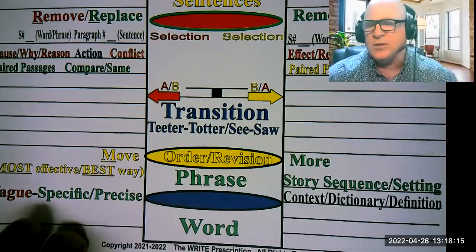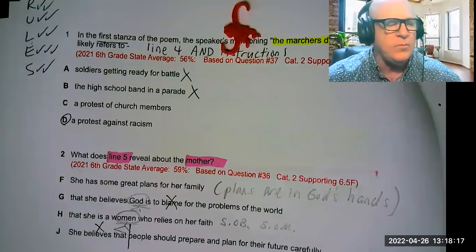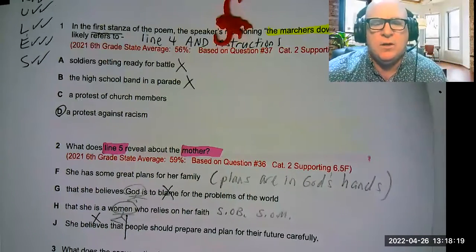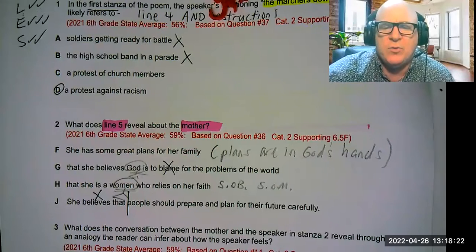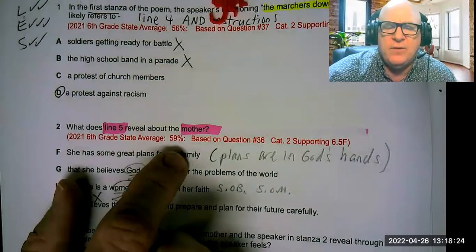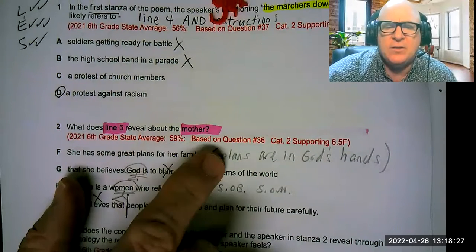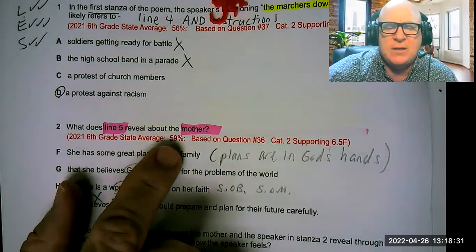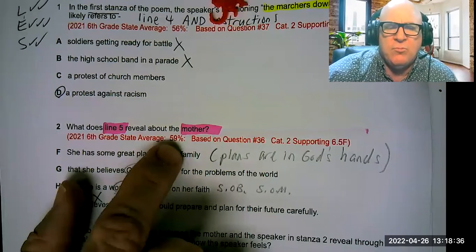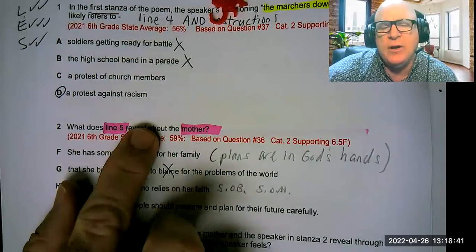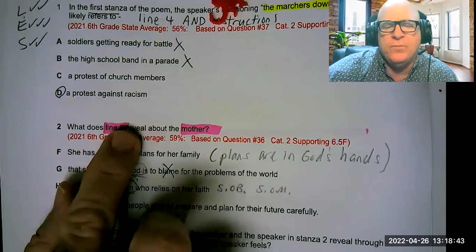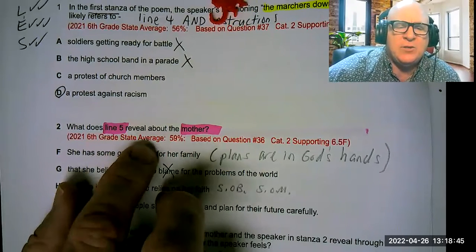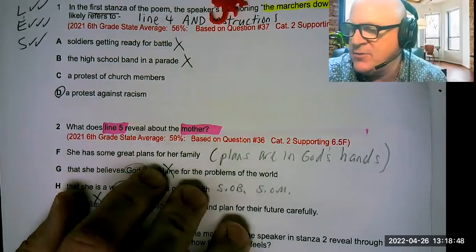This is for you 6th through 8th grade teachers. I got this one question based on question number 36 of the 6th grade test. This inferencing was able to get 59% on the test. So basically revealing about a mother on one line is like drawing a conclusion. So we're going to be able to decide that she has some great plans for the family.